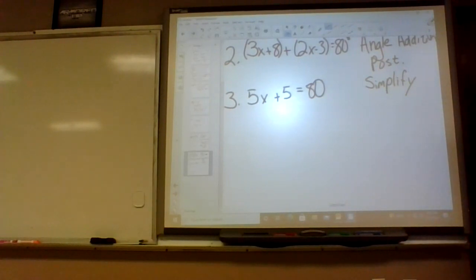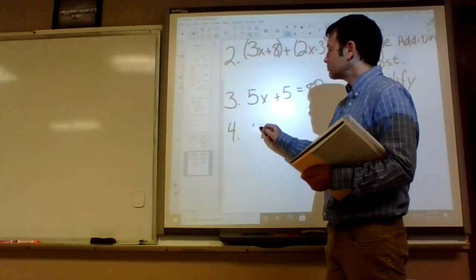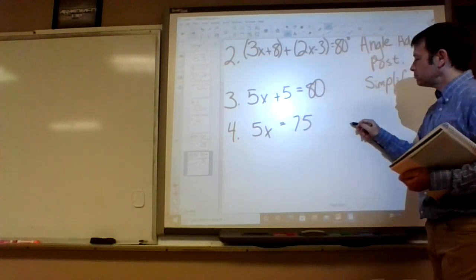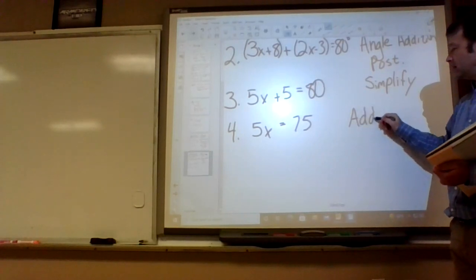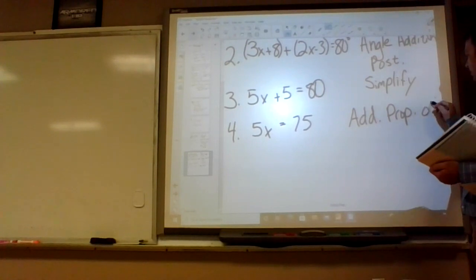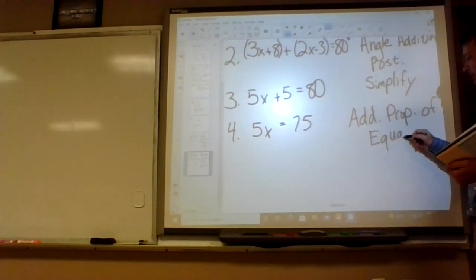What would you do? Then subtract 5. What property is that? Subtraction. Addition property. Yeah, it kind of depends on what book you're using, because some books do call it subtraction property.